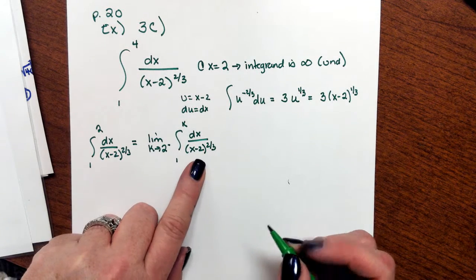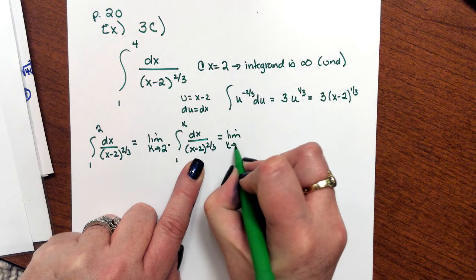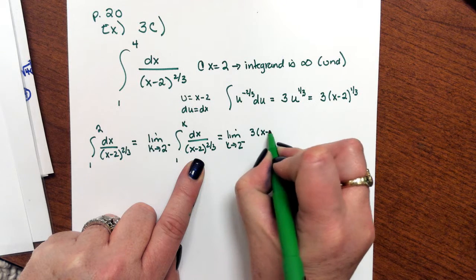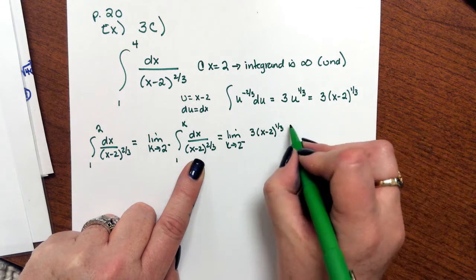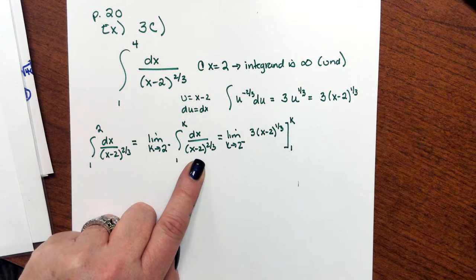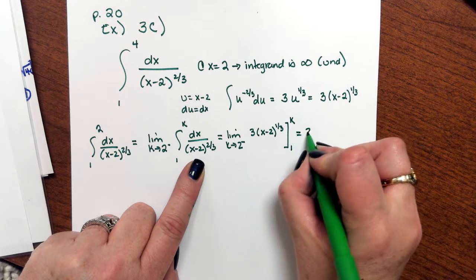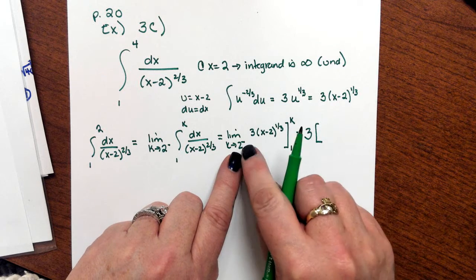I've already integrated this, so this is going to be equal to the limit as k approaches 2 from the left of 3 times (x minus 2) to the 1/3, and I have to evaluate this from 1 to k. I'll pull out my constant of 3, with the limit as k approaches 2 from the left.